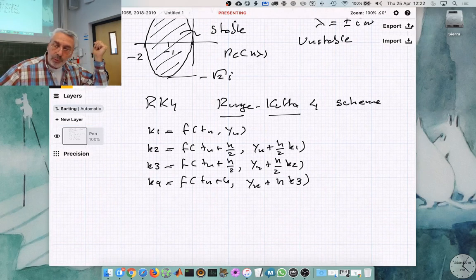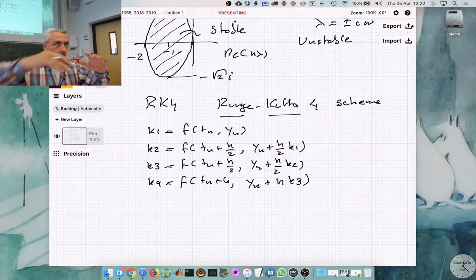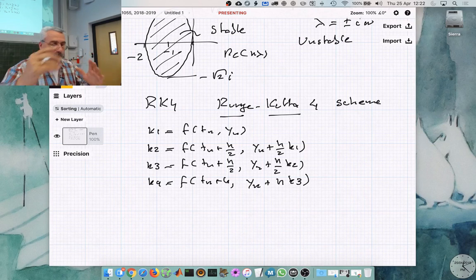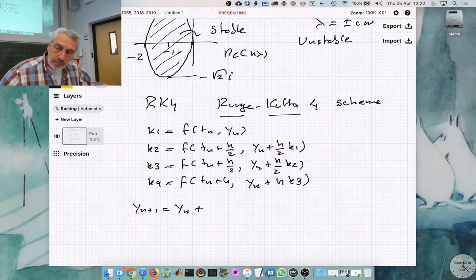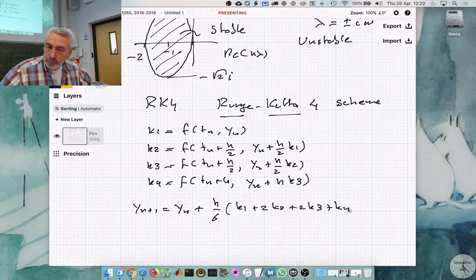So now we have all these 4 derivatives, which sort of express the change in curvature, we can now say the new point is the old point plus h over 6 times k1 plus 2 times k2 plus 2 times k3 plus k4.